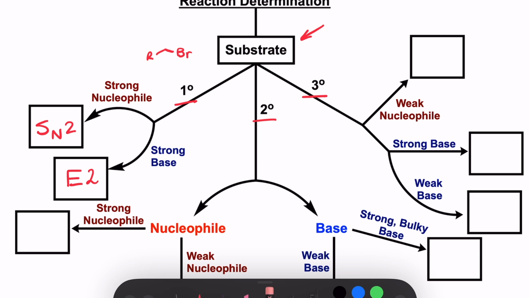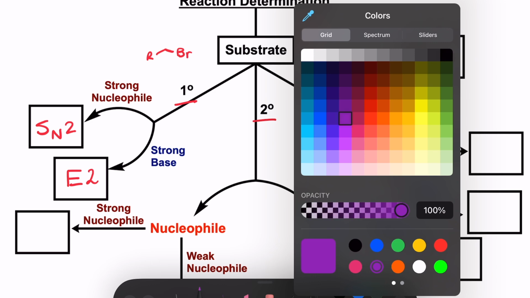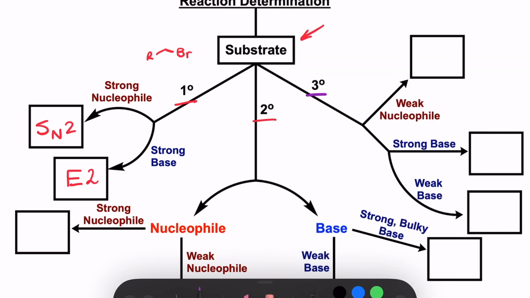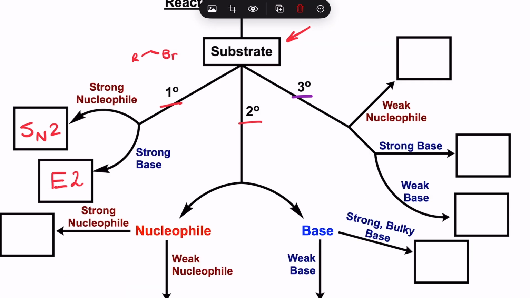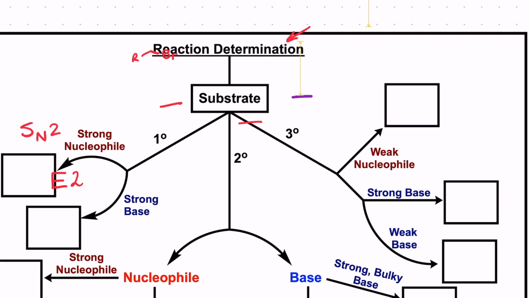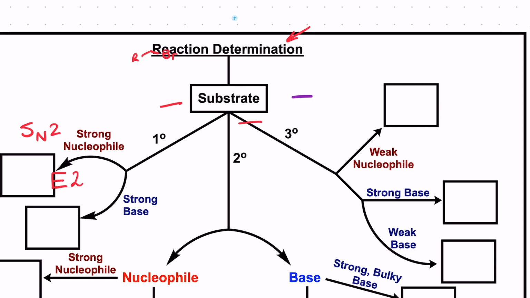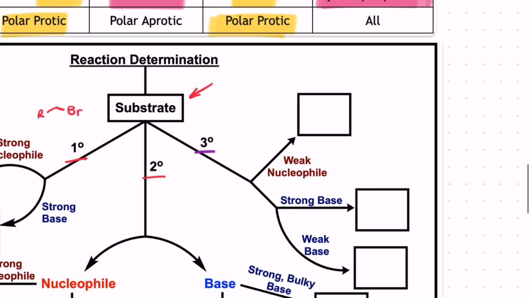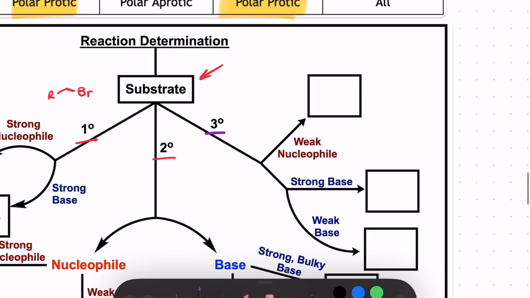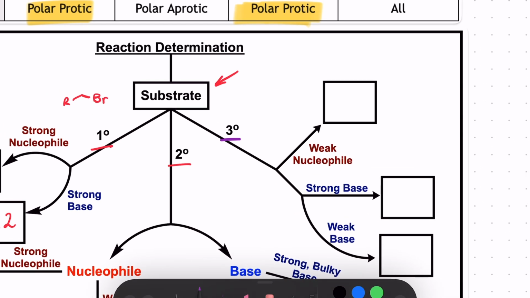Okay, I'm actually going to go ahead and skip over to tertiary real quick. Let's go to tertiary. Oh boy. All right. So if I have a tertiary substrate with a weak nucleophile, what kind of reaction do you expect?